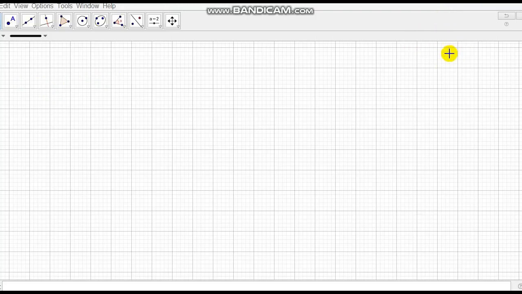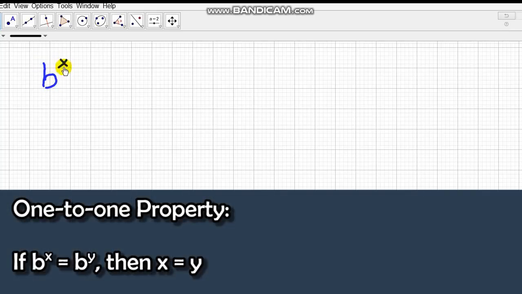Now, in dealing with logarithmic and exponential equations, we have what we call the one-to-one property that we can use to solve for an exponential equation. The one-to-one property of an exponential equation can be used in solving for the solution of an exponential equation. This states that if b raised to x is equal to b raised to y, then this means that x is equal to y.